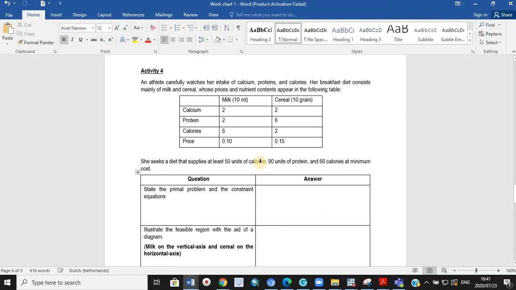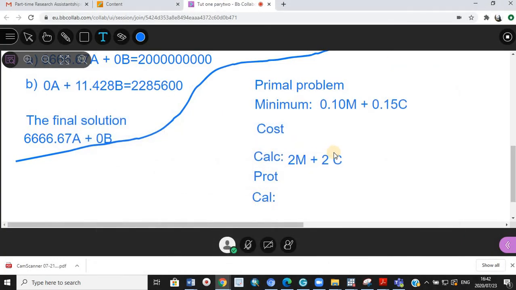All right, she seeks a diet that supplies at least, this is the minimization, at least 50 units of calcium, 90 units of proteins, and 66 calories at minimum cost. So we know that this constraint must be at least 50.